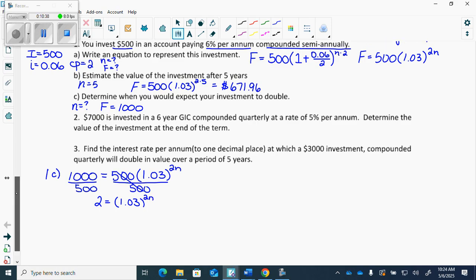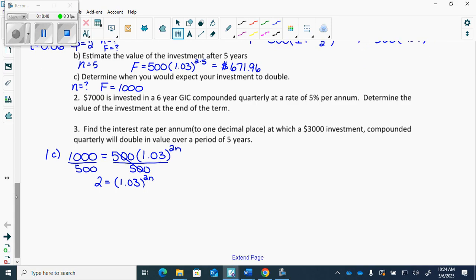And we get 2 equals 1.03 to the 2n. And then we're going to do what to it? Make it a log. So we get log base, what? 1.03. And then what friends doesn't stay friends, what do I get? 2 equals 2n. And then I need n by itself, so I'm going to divide by 2.